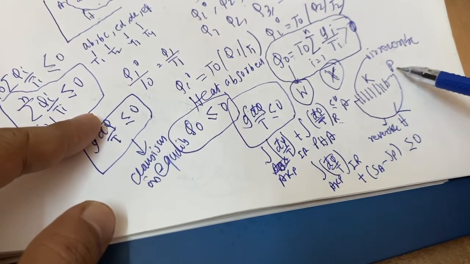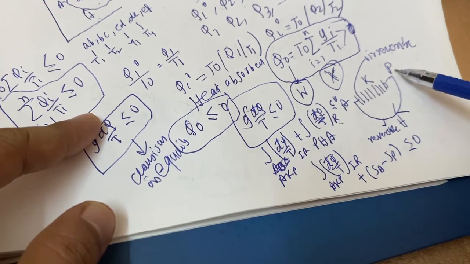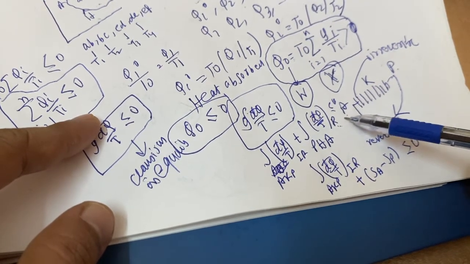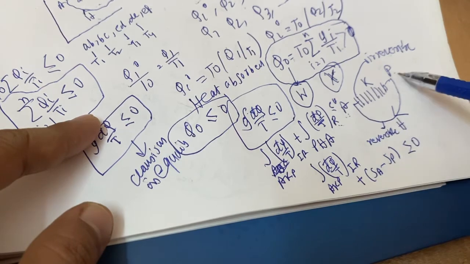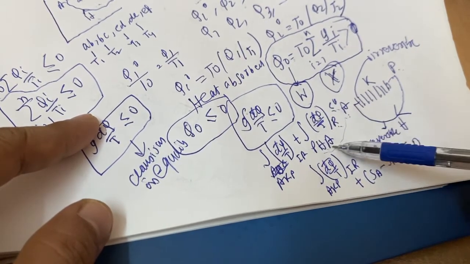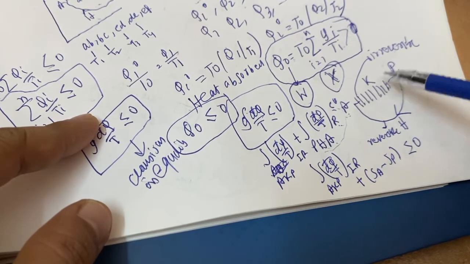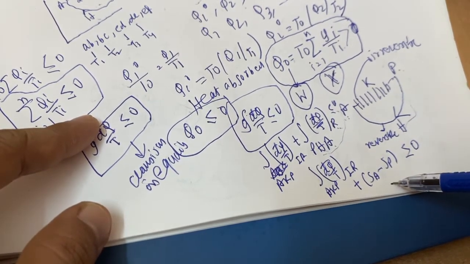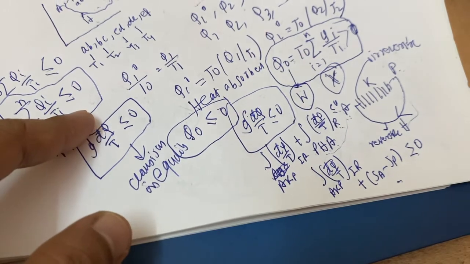The difference of entropy SA minus SP gives the total change in entropy during the process PHA.